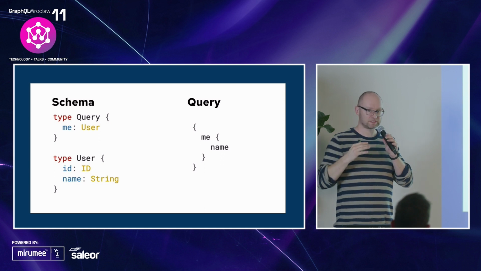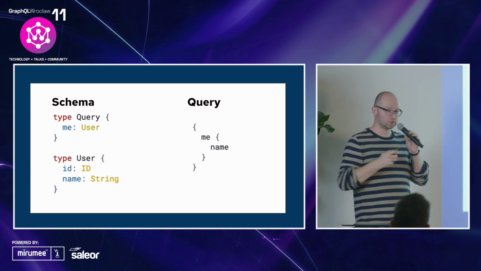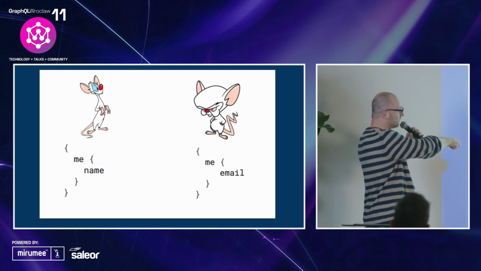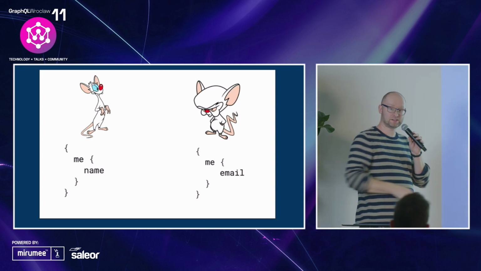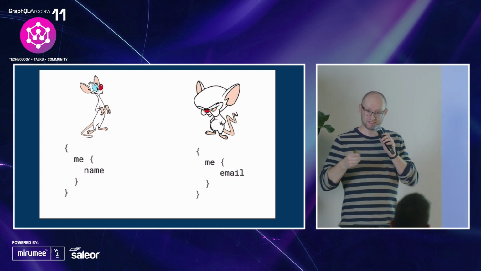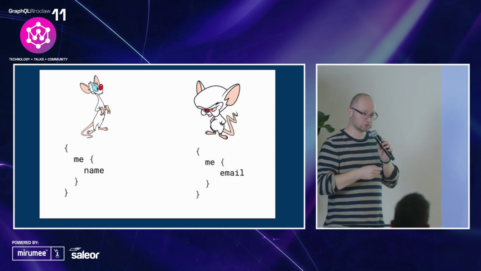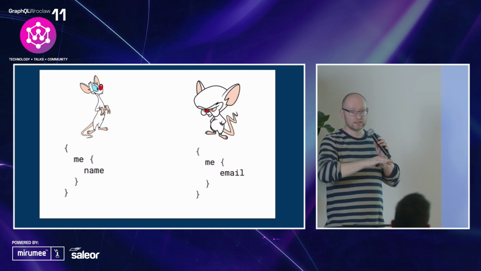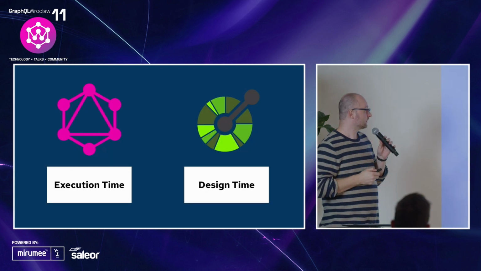The schema just represents our data, and it's later matched by something called queries. And queries come from the user. So user A has a different query for this specific object, and user B has a different one. This is the beauty of GraphQL, because you can have another app. You don't need a separate backend for frontend. You can have one API that everyone calls for their needs and can generate their code.